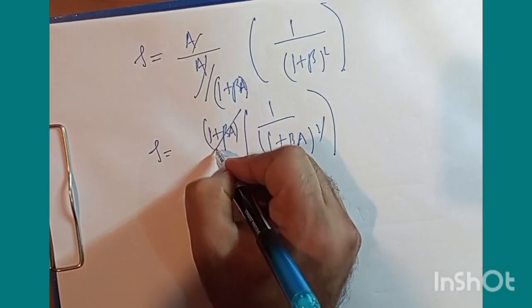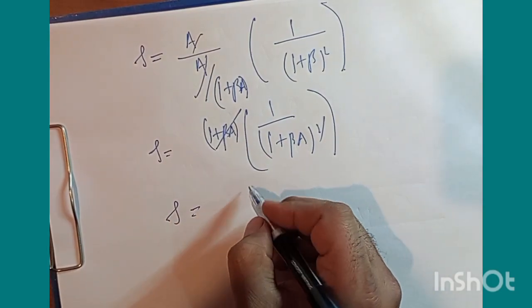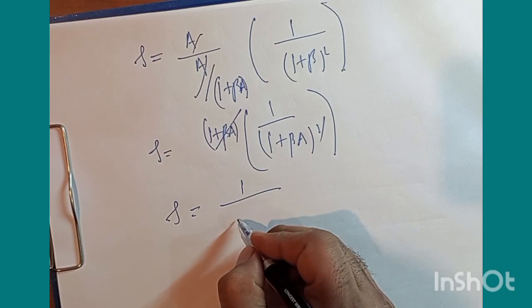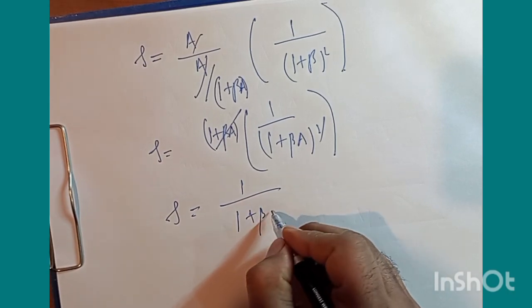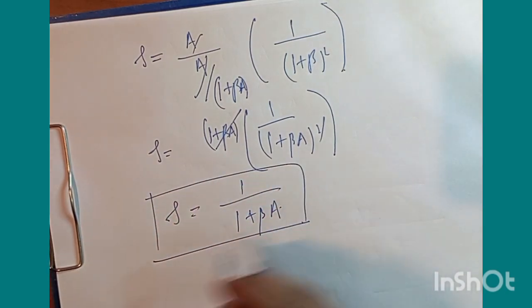This square and this term will cancel, so we are left with the sensitivity equal to 1 by 1 plus beta A. So we can see here what has happened to the overall sensitivity of this amplifier when we have used the negative feedback.